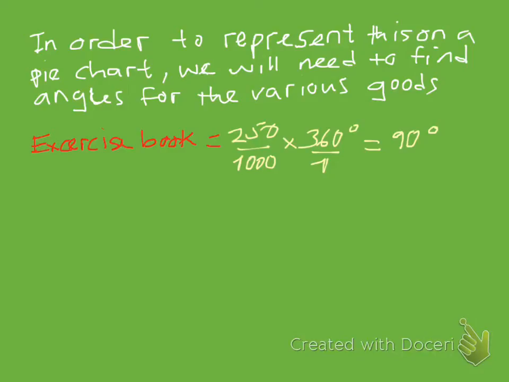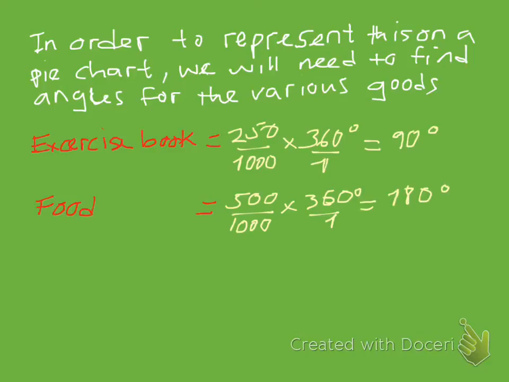90 degrees. Next, food. How much does food take? 500 over 1,000 times 360 degrees. That's 500 francs dedicated to food over the total amount in hand, 1,000, times the total angle of a circle, 360 over 1. This will give 180 degrees dedicated to food.